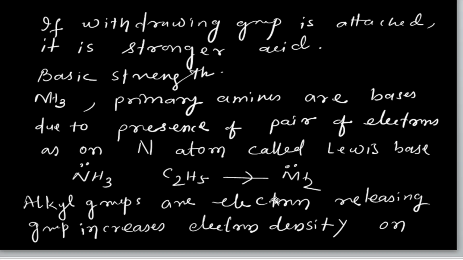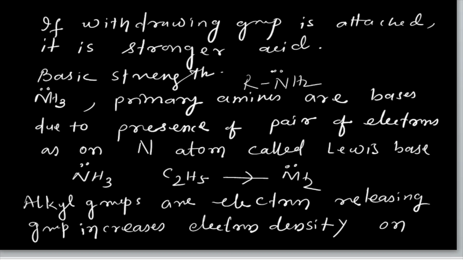Now basic strength. Ammonia, we know it is basic. If it is a primary amine, R NH2, one hydrogen is replaced. In ammonia there is a lone pair of electrons. In a primary amine, NH2, a lone pair of electrons is also attached. If there is a pair of electrons on nitrogen, it can release electrons. If its releasing capacity is more, then a pair of electrons on nitrogen is called a Lewis base.